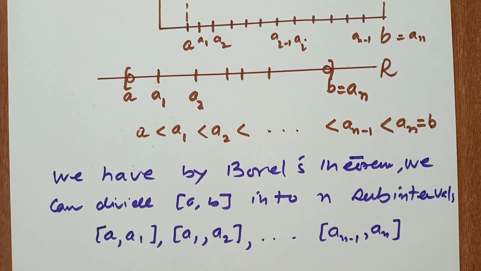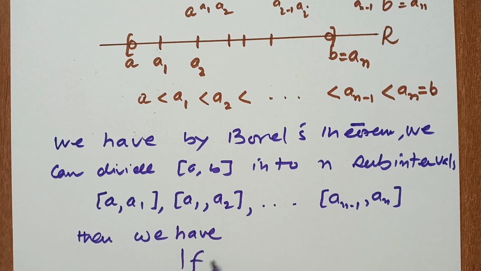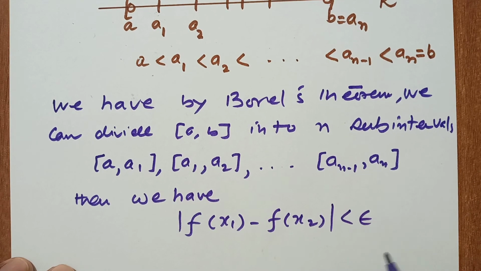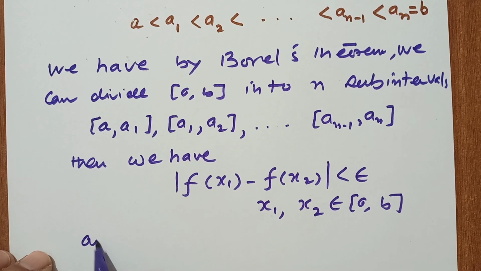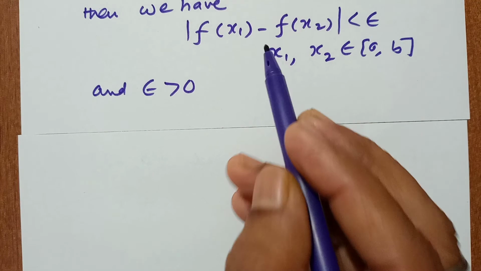Then by the Borel theorem, |f(x1) - f(x2)| < epsilon, where epsilon is a positive real number, epsilon greater than 0.